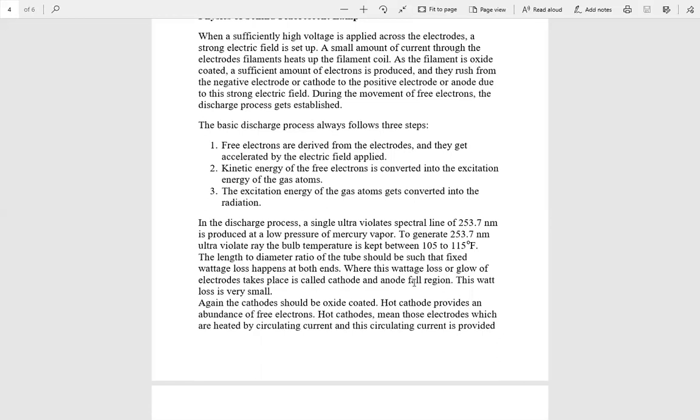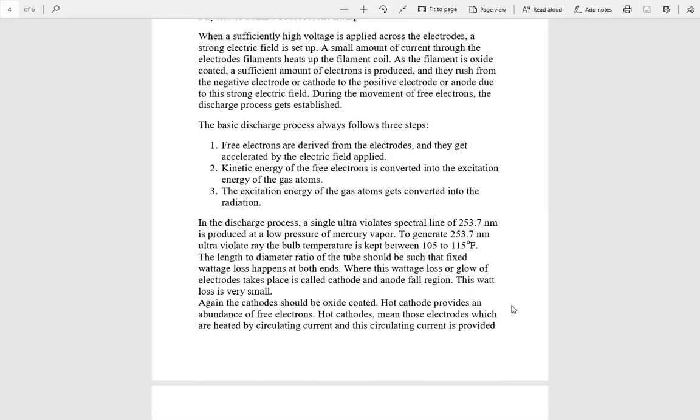In the discharge process, a single ultraviolet spectral line of 253.7 nanometer is produced at a low pressure of mercury vapor. To generate 253.7 nanometer ultraviolet ray, the bulb temperature is kept between 105 to 115 degree Fahrenheit.